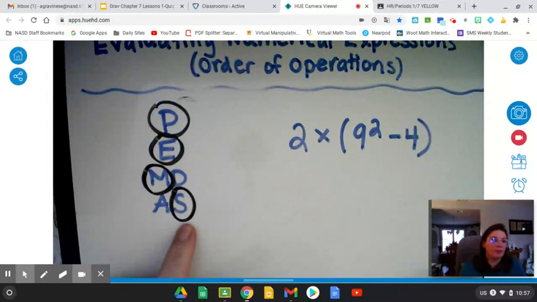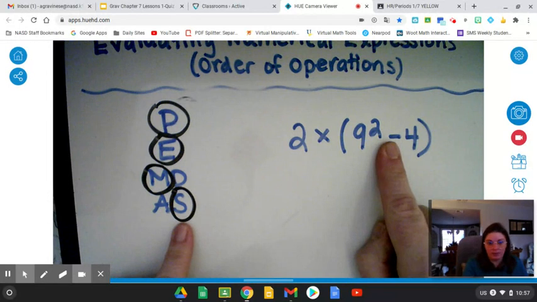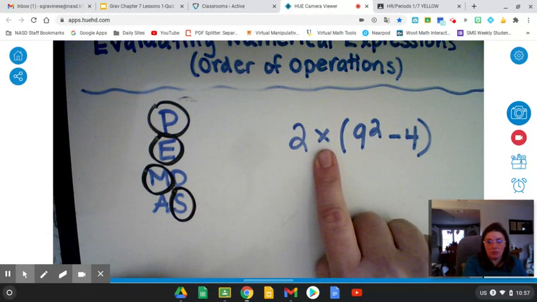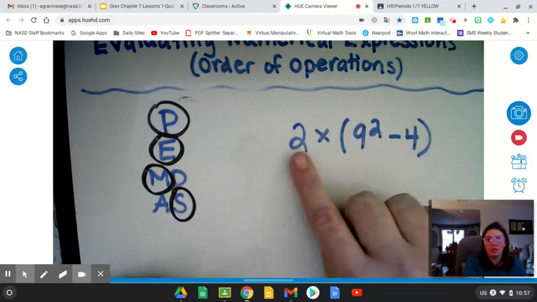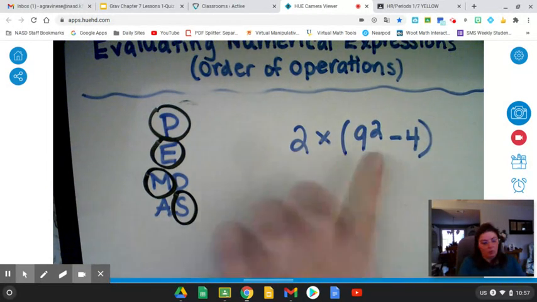Subtraction will not be the very last thing because the subtraction is in parentheses. So if you have operations in parentheses, it changes that order just a little bit. What would be the very last part of this? Multiplying by 2, because everything inside the parentheses gets evaluated first, and then we take 2 times what we get.